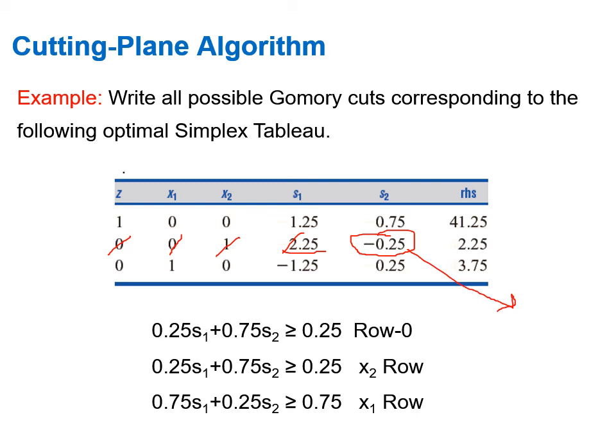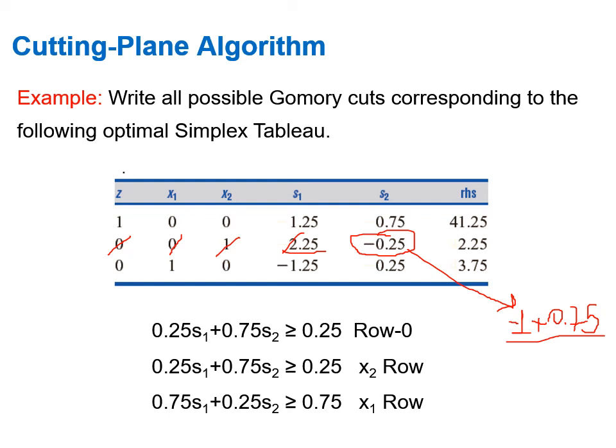So you go to the smallest integer than this value, minus 0.25, which is -1. So -1, and you write 0.75 so that this summation is equal to minus 0.25.